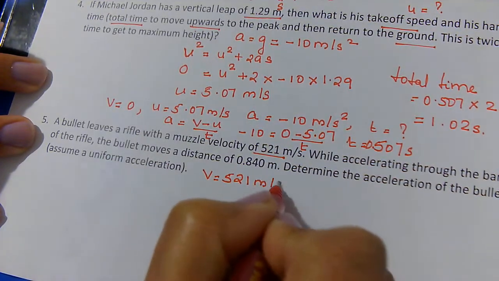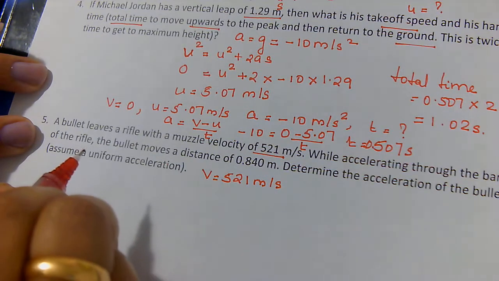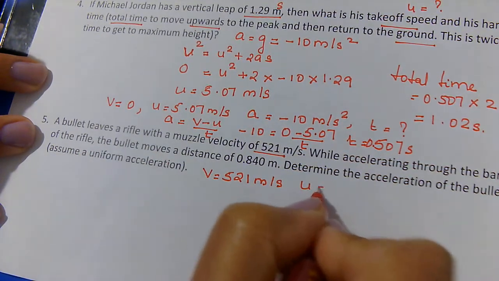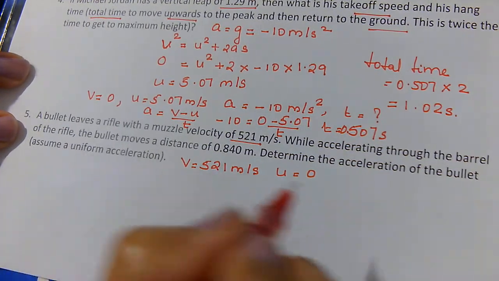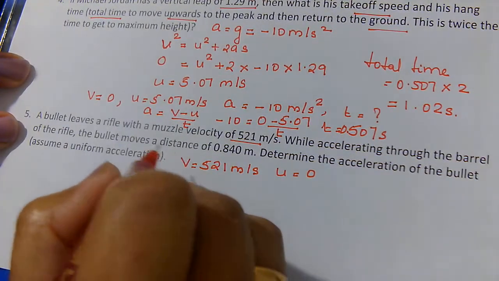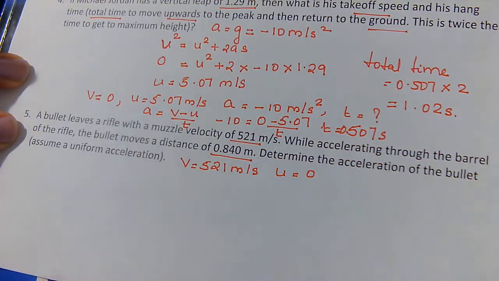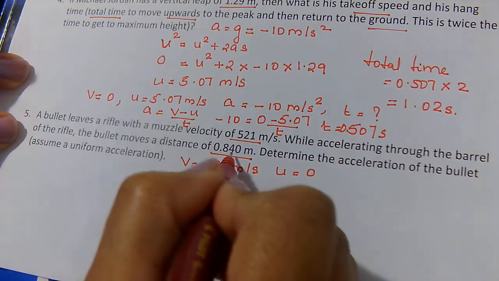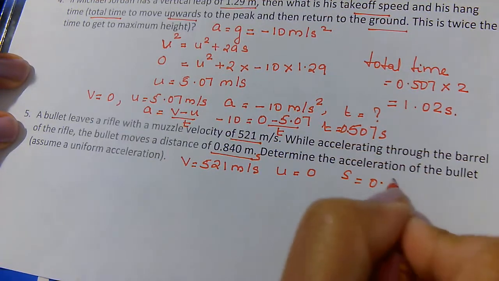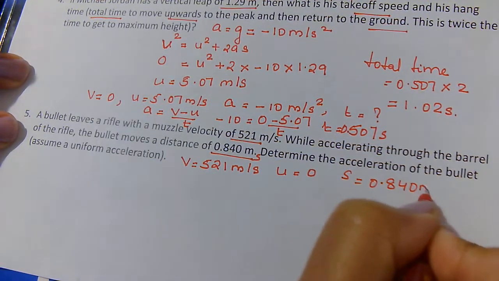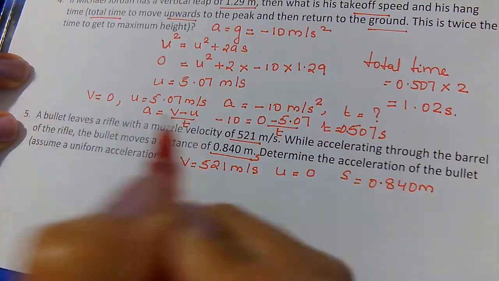Initially the bullet will be at rest inside the gun, so u is going to be 0. Then when it is accelerating through the rifle, it moves a distance of this much. So s is given to you. So s is equal to 0.840 meters. Determine the acceleration.